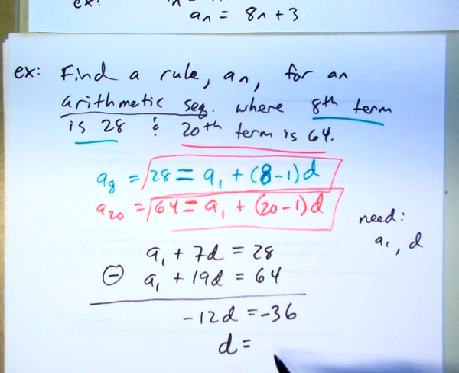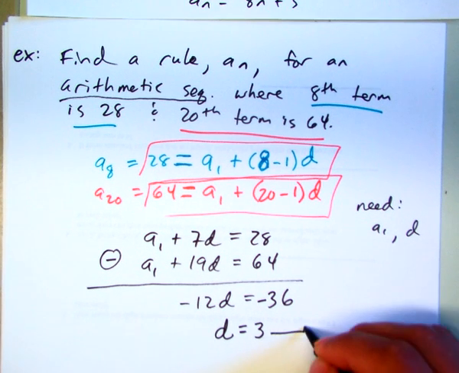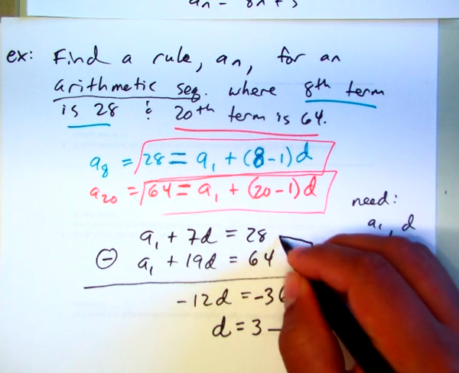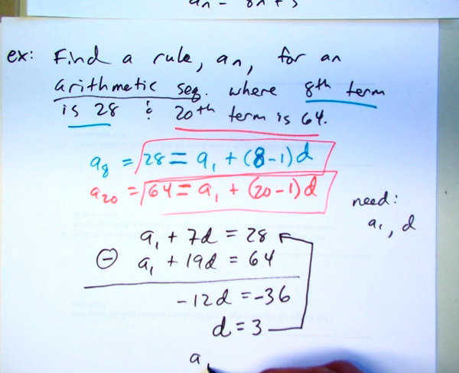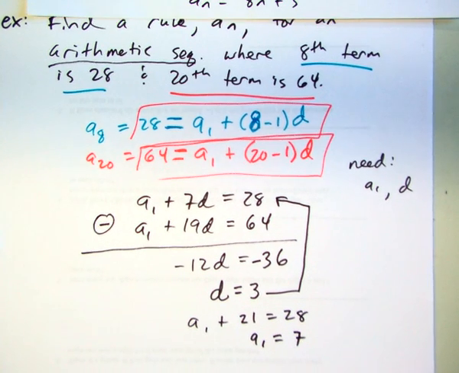So we get that our difference from term to term is 3. And now since I know that d is 3, I can take that, plug it into the first equation. So I get a1 plus 21 equals 28. So now I know that my first term is actually 7. And I'm done.